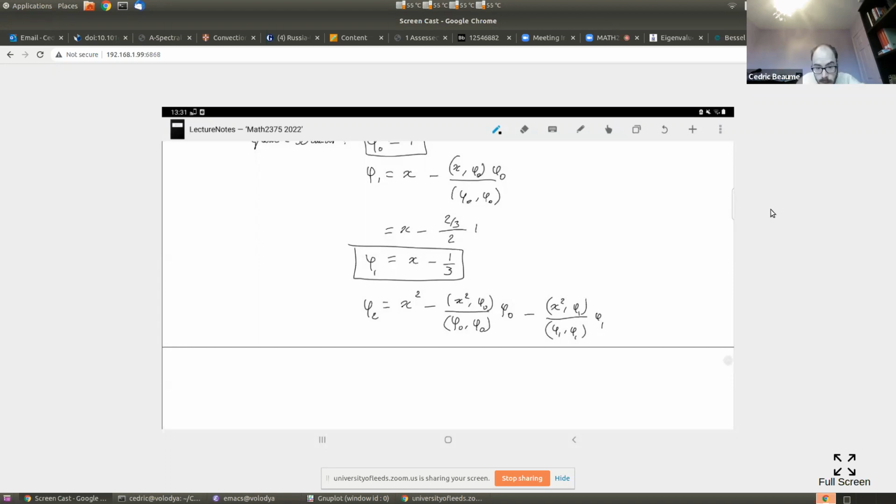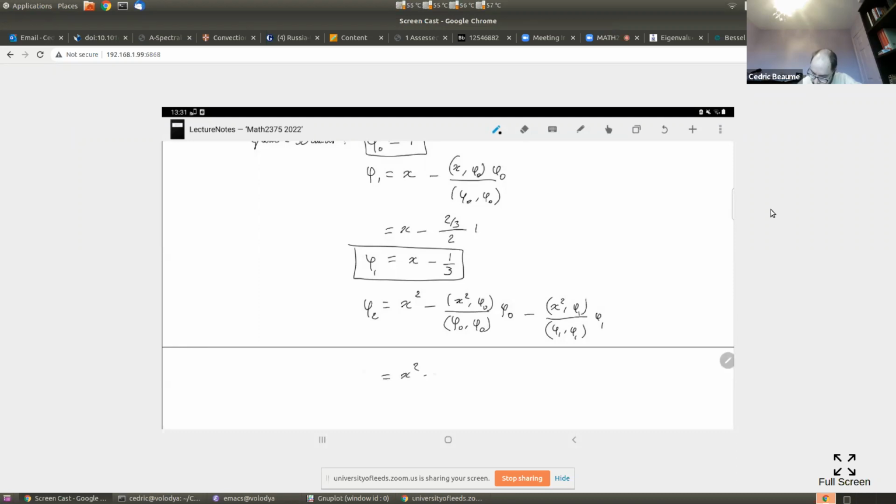And you can keep going like this to get all your functions, and this is the idea. For the third function, you have to make sure it's orthogonal to the first two functions. The fourth function, you're going to have a third orthogonalizing term, and so on and so forth. So let's have a look at that.